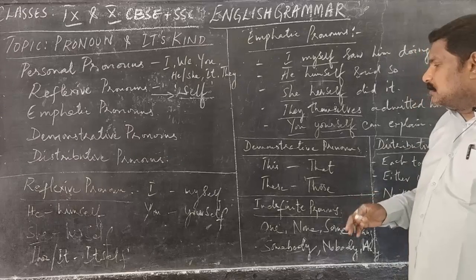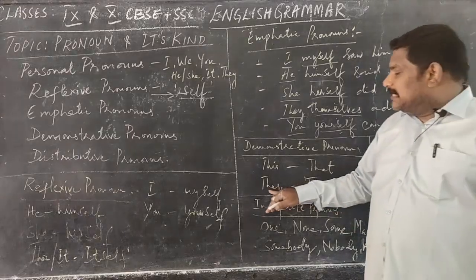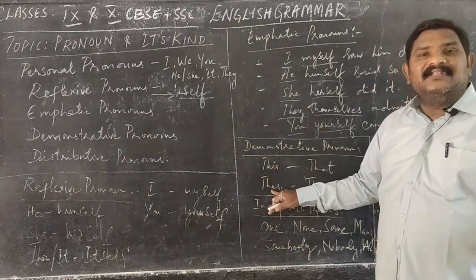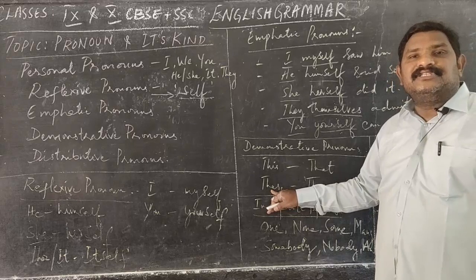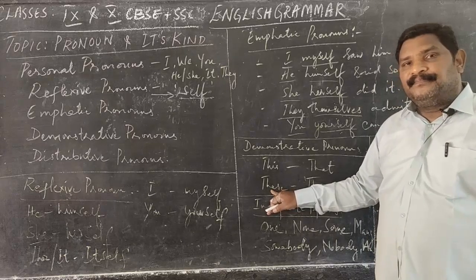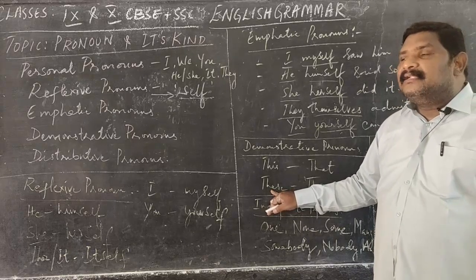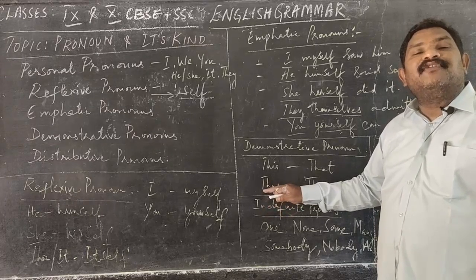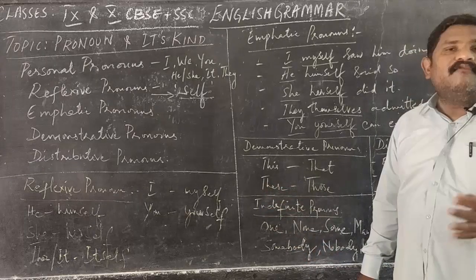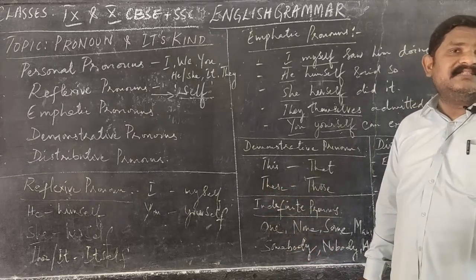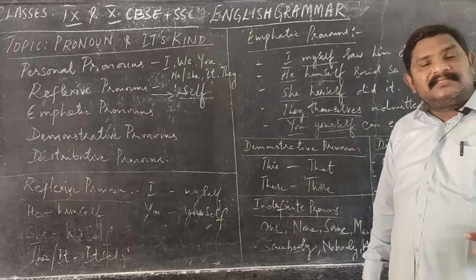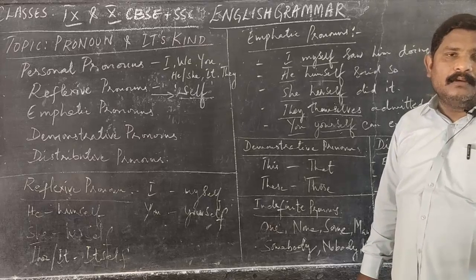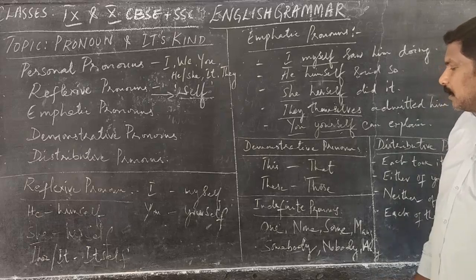Demonstrative pronoun: now the plural of this is these. As I told you, these are the fruits, these are the bunches, these are the books, these are the pencils. These refers to plural objects, plural nouns.